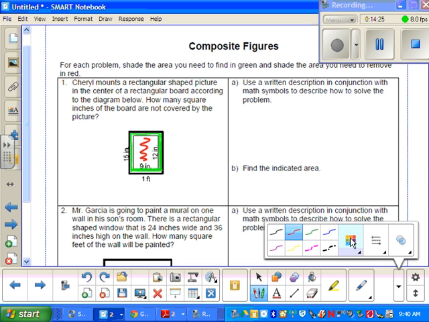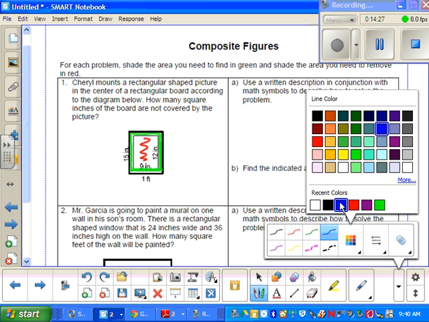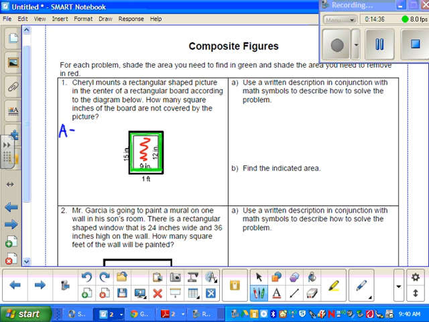So what we're going to do is solve this by using our area formulas for both of our rectangles. Area of the rectangle is base times height. We'll do the big rectangle first, the one on the outside. So it's going to be 15 times 12, because they said it's 1 foot and everything else on our paper is inches.